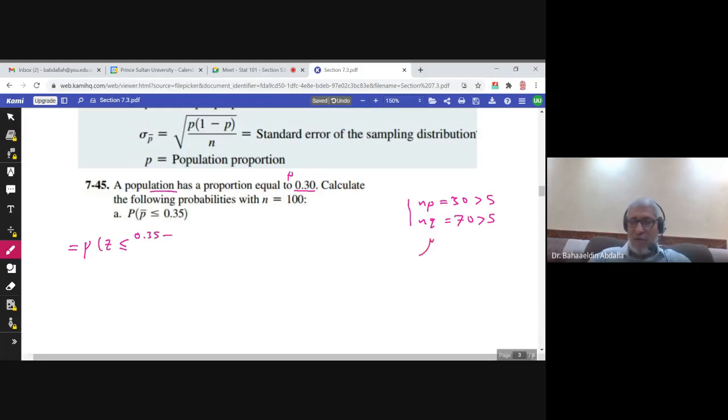So we need to find the mu P bar, and the mu P bar is P, and P is 0.3, and sigma P bar is square root of P times 1 minus P over N. So it is P is 0.3, 1 minus P is 0.7 over N, and N is 100. All right.